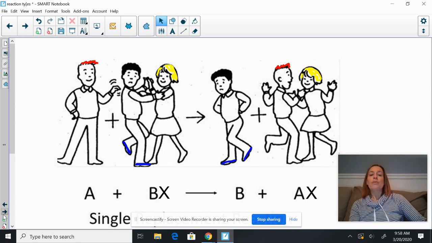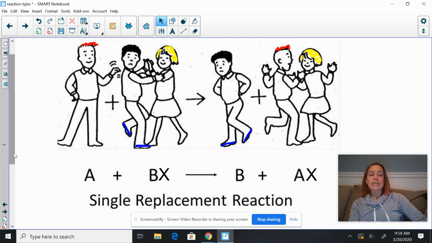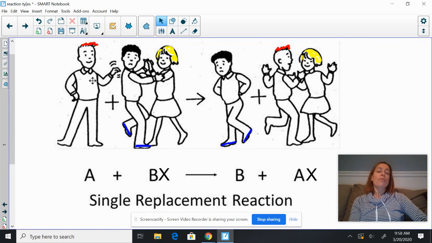Anyway, our third type of reaction is called a single replacement. Sometimes it's called a single displacement reaction. And very often you'll see an analogy like this, where we have one guy here by himself. We've got a couple dancing. This guy with the red hair is tapping this guy on the shoulder, and the products, another single element, so to speak, and another compound.